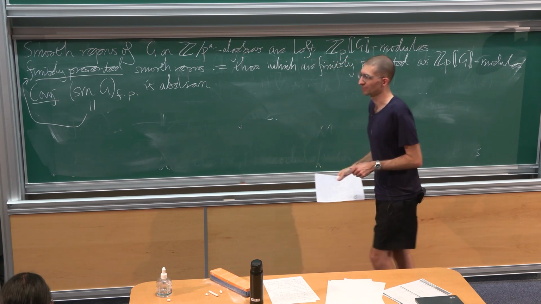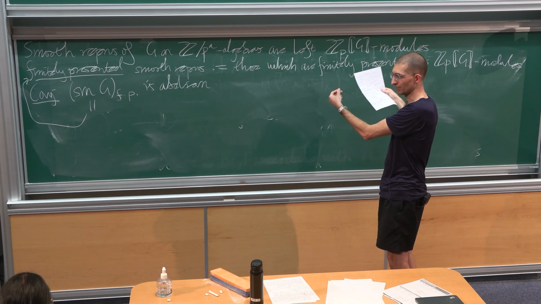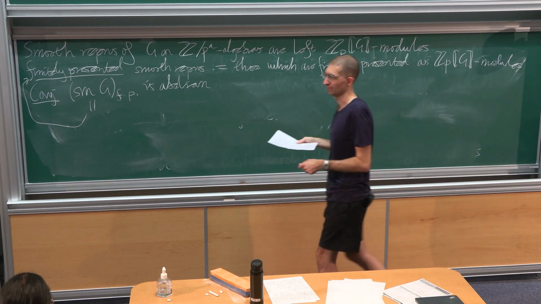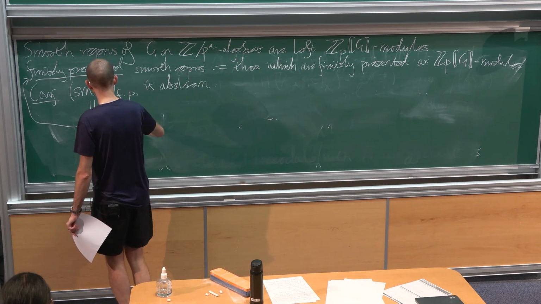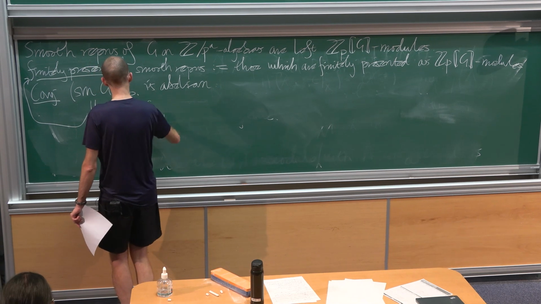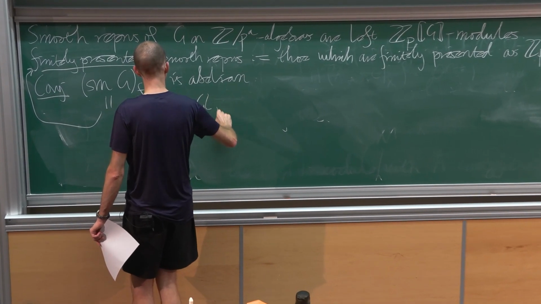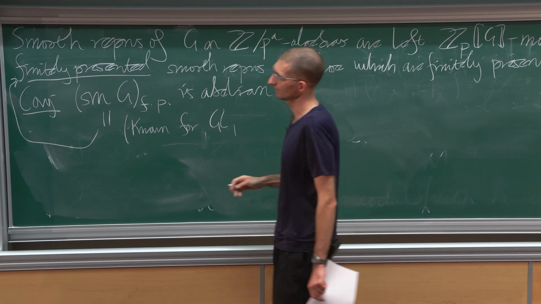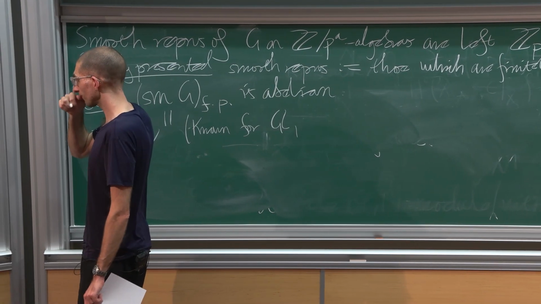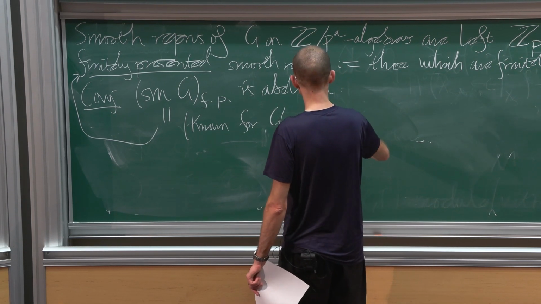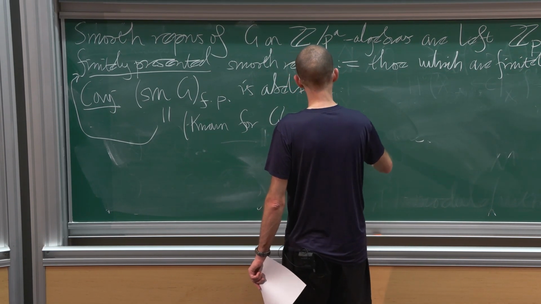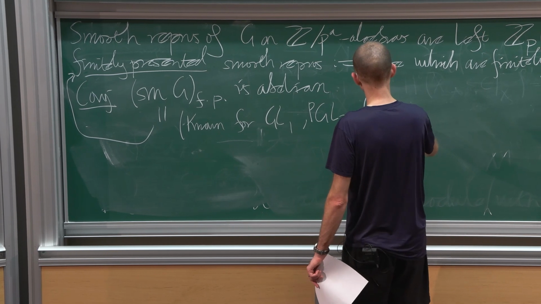The substance of this is that if you have a morphism of two such things, then the kernel is also finitely presented. This conjecture is known at least for GL_1, which is easy because in that case this ring is even just a Noetherian ring. And it's known for GL_2, sorry, PGL_2 at least, by work of Jack Shotton.